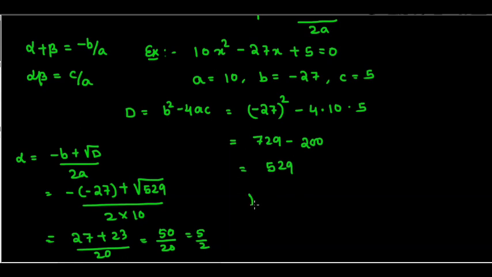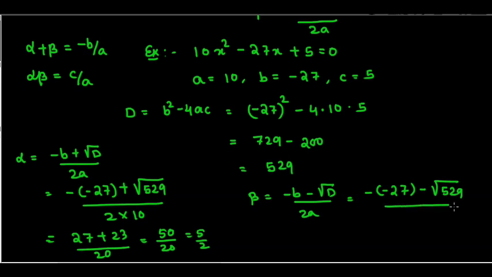Now let us find what is beta. Beta is equal to minus b minus square root of D by 2a, that is equal to minus of minus 27, then minus square root of 529 divided by 2 into 10. So minus minus will be plus, so it will be plus 27 minus square root of 529, which is 23, divided by 20.